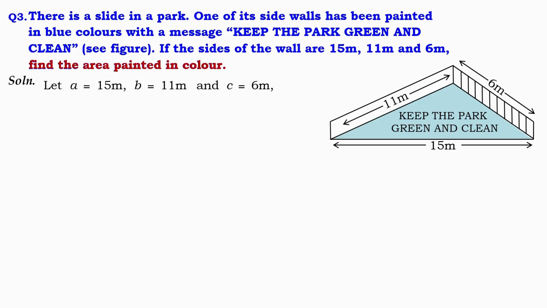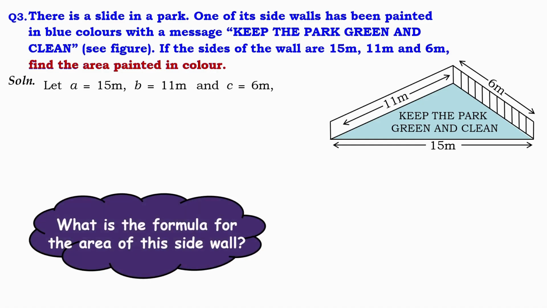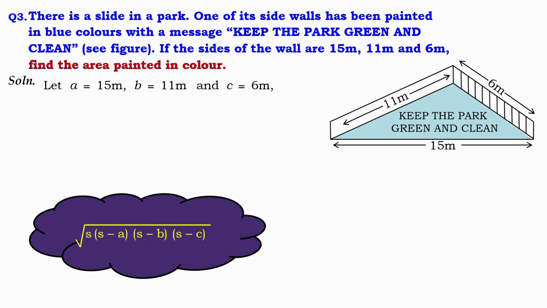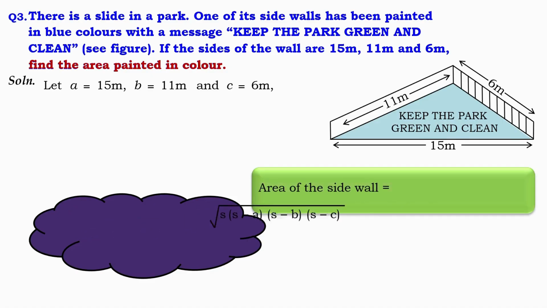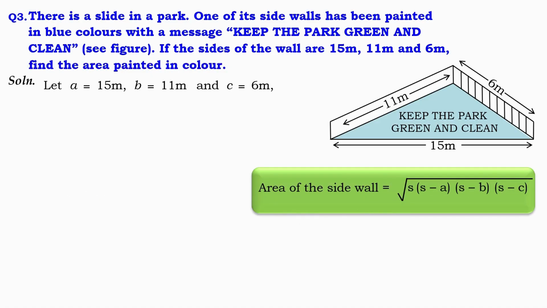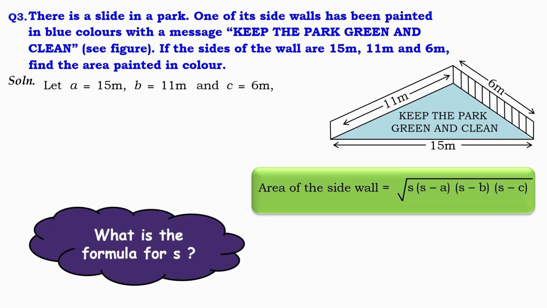So now to find the area painted in color, what is the formula for the area of this side wall? That is Heron's formula: square root of S into S minus A into S minus B into S minus C. So now the area of the side wall is equal to this formula. Now what is the formula for S?